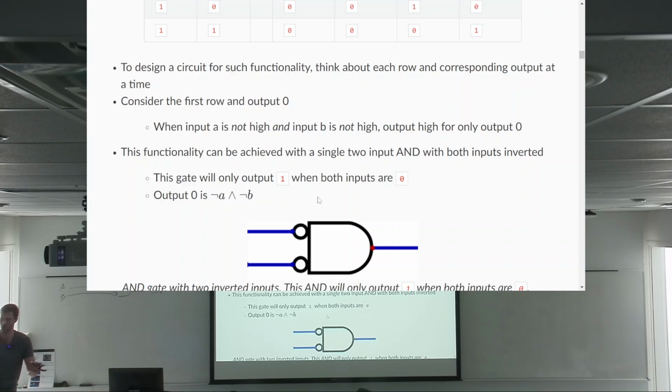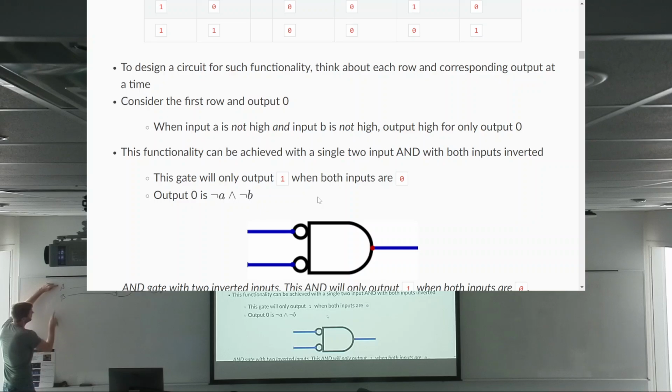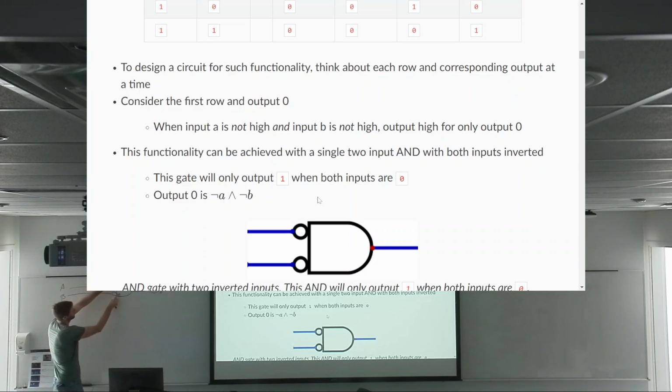So, first, let's make sure it makes sense that this actually works. I know I said first row, but this actually works for all rows, all input combinations, in output 0. If A and B are 0, they both get inverted to be a 1, and then 1 and 1, output high. 0, 1 becomes 1, 0.